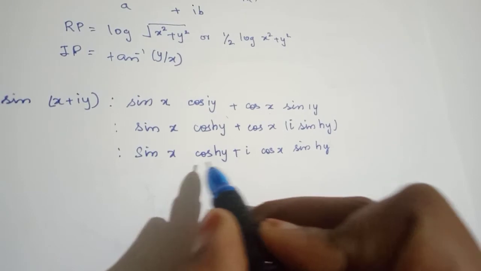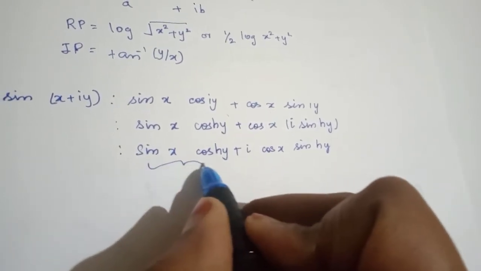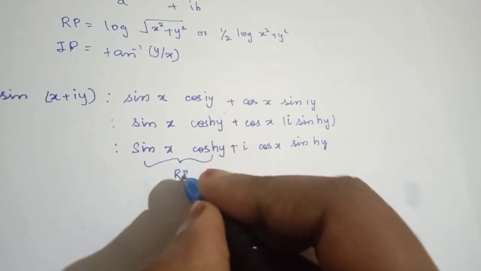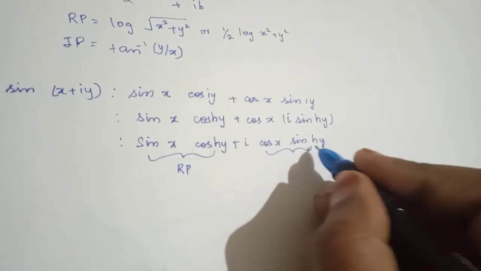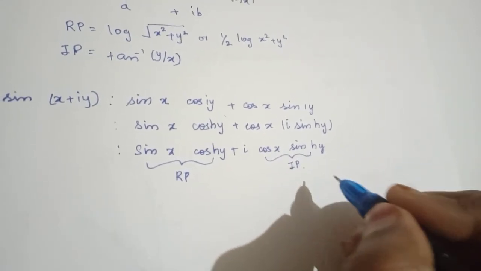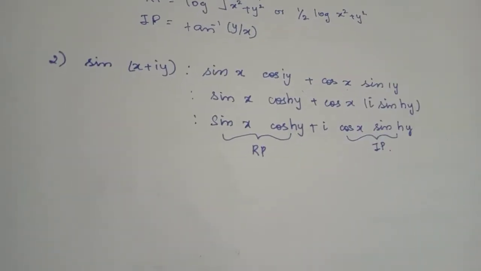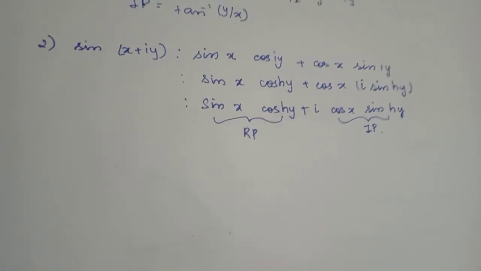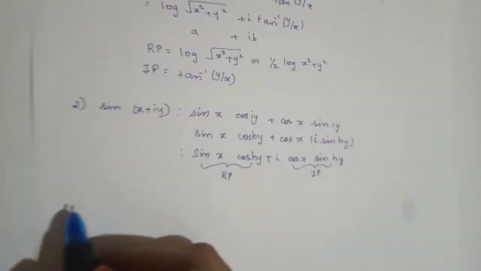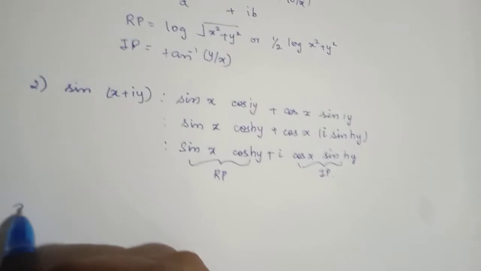So it is in the form a plus ib, where this is the real part and this will be your imaginary part. So we solved the second problem. Same like that, we can solve the third problem.